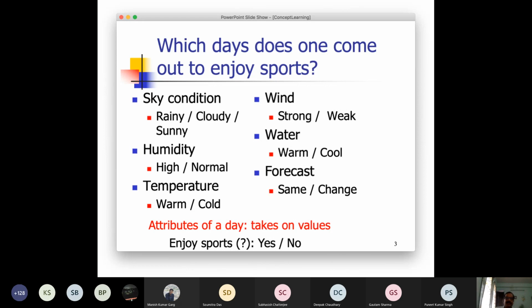So if I multiply this number, that means I have 5 for sky, humidity 4, temperature 4, wind 4, water 4, and forecast 4. 5120. I hope you have understood, no?